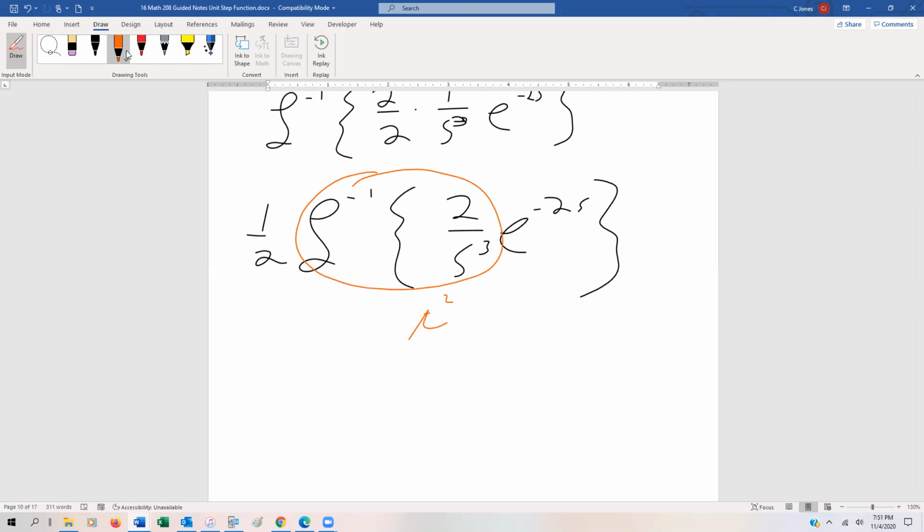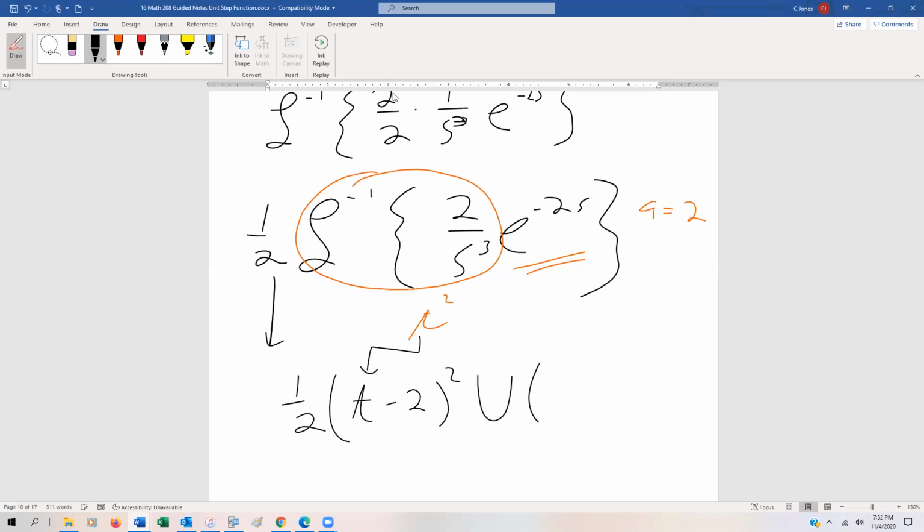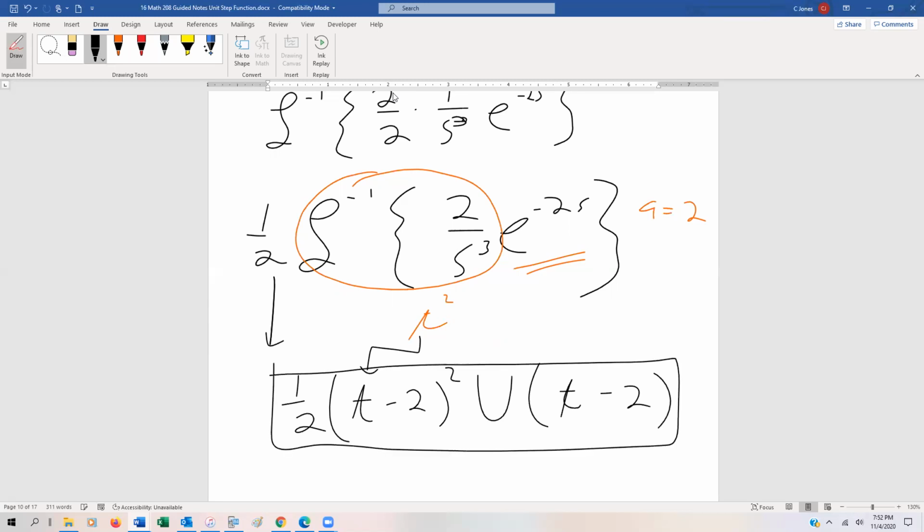But we're also going to consider this e to the minus 2s where a is equal to 2. So when we finally find the inverse of this, we're going to drop down the 1/2. Instead of t squared, it's going to be t minus 2 squared. And then we're going to have the unit step function u of t minus 2. And this is your inverse Laplace transform.